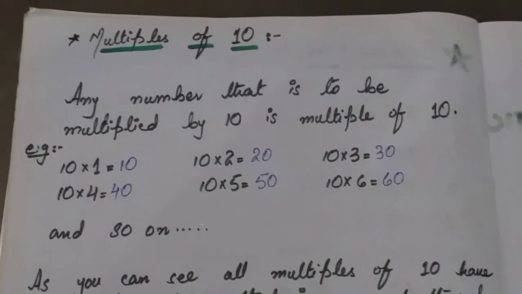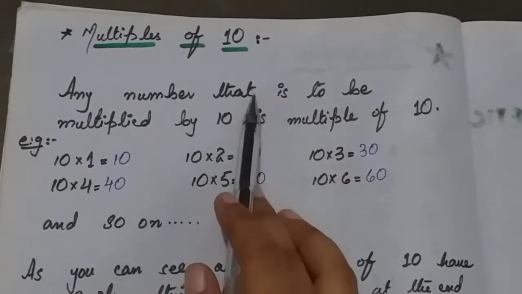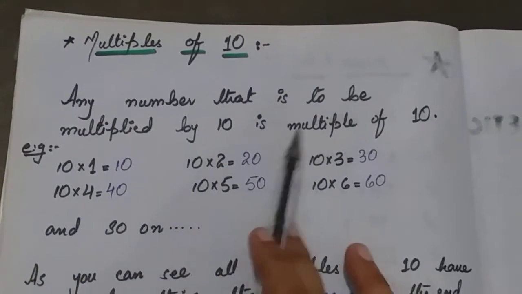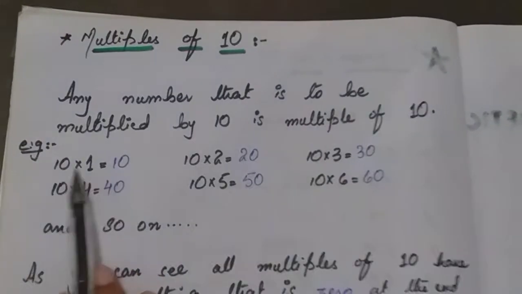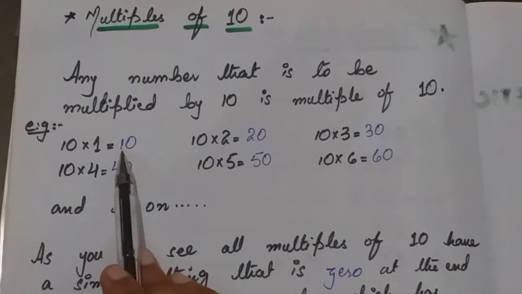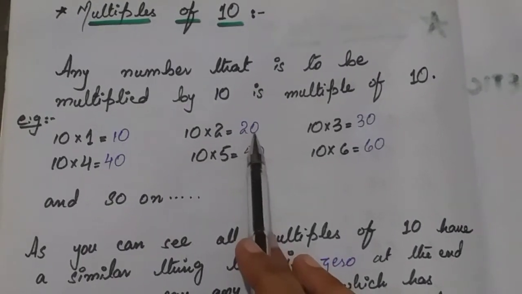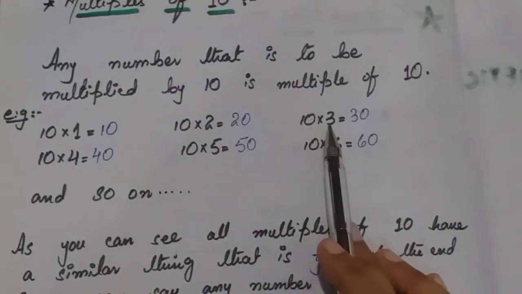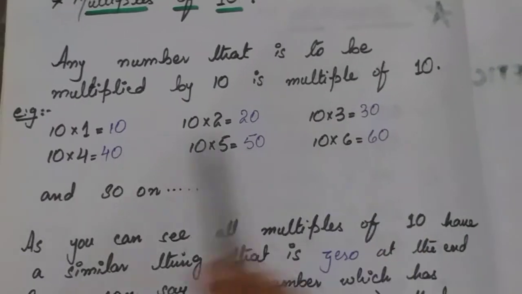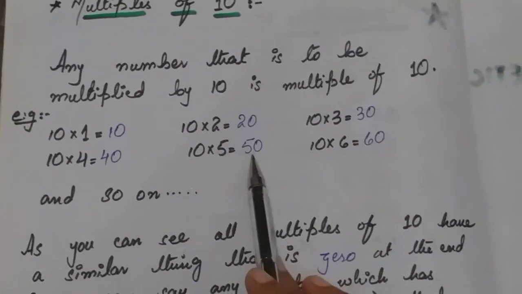First, let me tell you what is meant by multiples of 10. So students, any number that is obtained by multiplying 10 by a number is a multiple of 10. For example, if we multiply 10 by 1, the product is 10. If we multiply 10 by 2, our product will be 20. Similarly, 10 by 3, product will be 30. 10 by 4, product will be 40. 10 by 5, product will be 50.